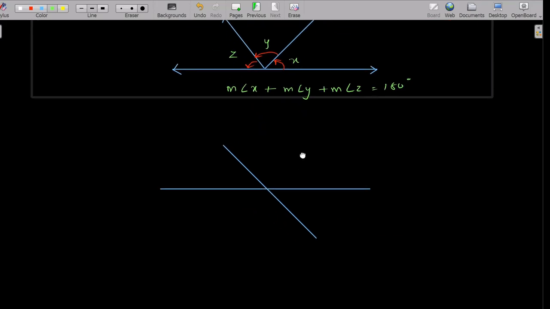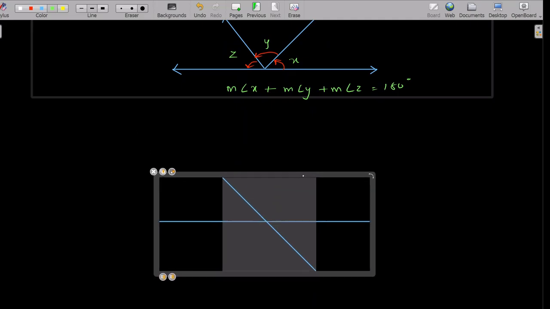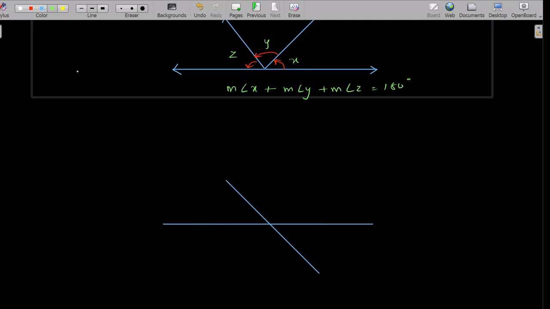And then the next pair of angles: whenever you have two lines intersecting with each other, you would see this pair, this one and this one.